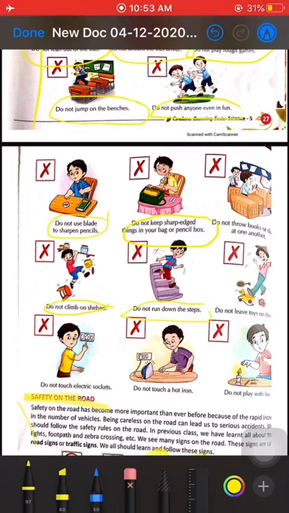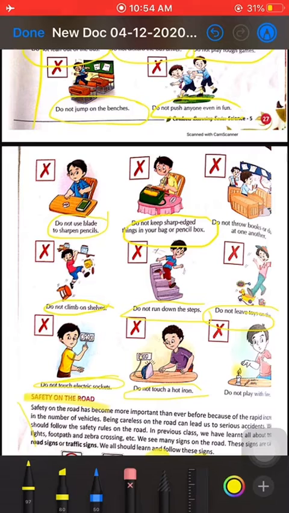Do not leave toys on the floor. Of course, we should not keep the toys on the floor, because it could hurt anyone, not you only. Anyone could get hurt if you leave the toys on the floor. Do not touch electric sockets. Of course, children should not touch the electrical sockets, because you might get an electric shock. Do not touch a hot iron.